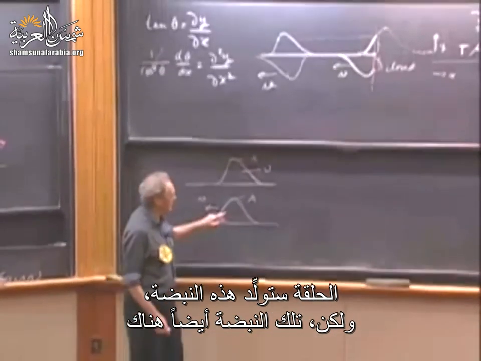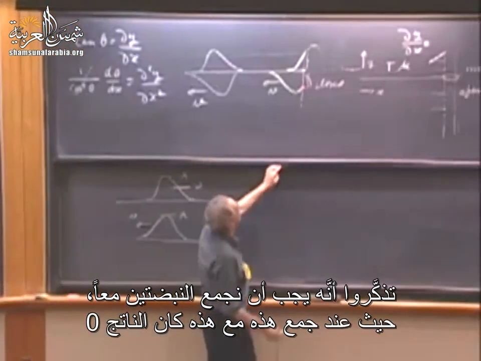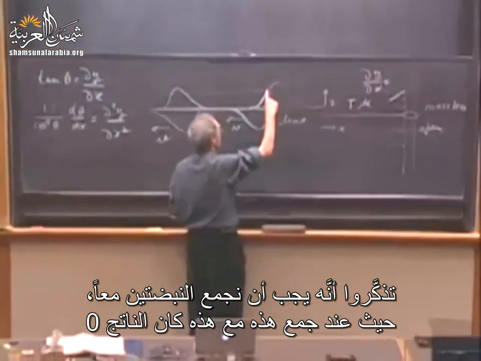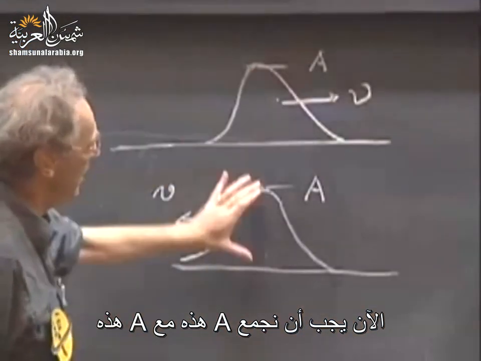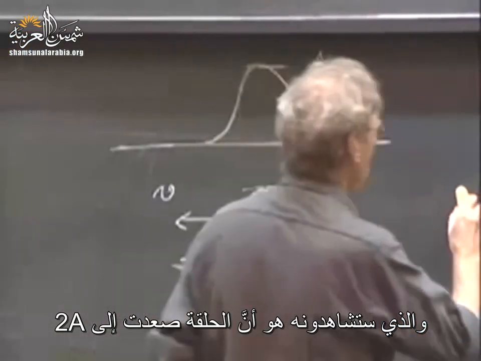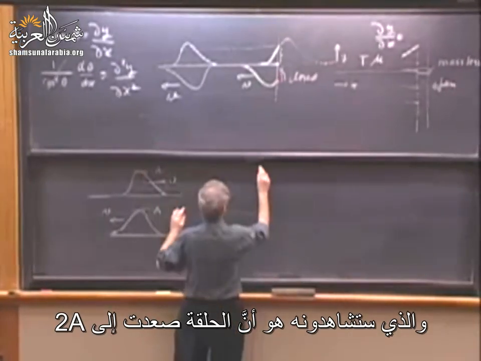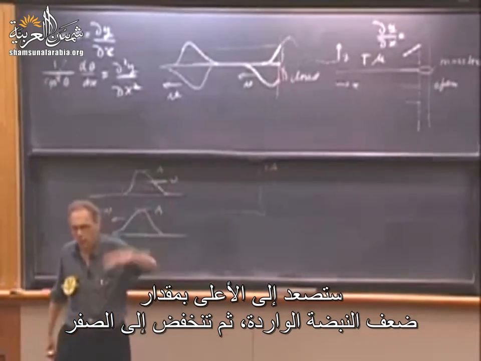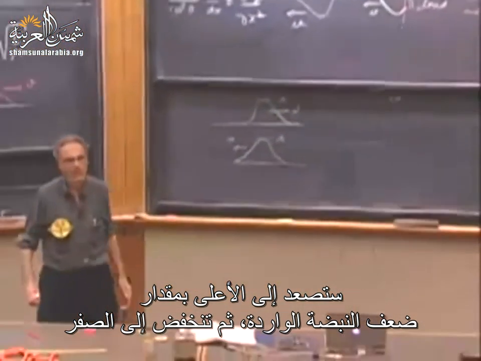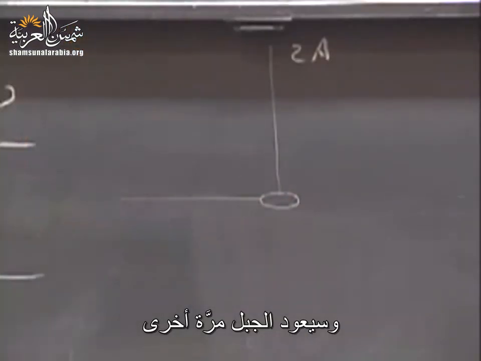And so the ring generates this pulse, but this one is also there, and remember, you have to add the two together, like this one was added to this, that gives me 0. Now you have to add this A to that A, and so what you will see is that if here is your ring, it will go up to 2A. So it will make a huge excursion, goes twice as high as the incoming one, and then it will go back to 0, and then the mountain rolls back.